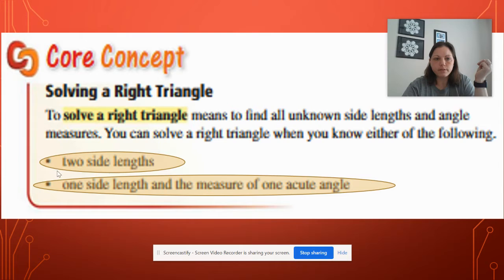So you can use the trig functions knowing either two side lengths or knowing one side length and the measure of one angle, one of the acute angles, not the right angle. Okay, so you need to know at least two pieces of information to use the trig functions to solve a right triangle.